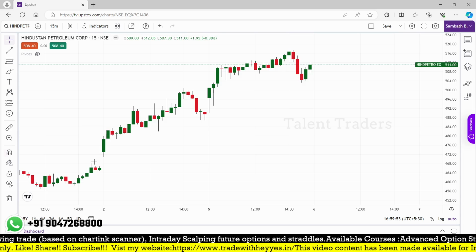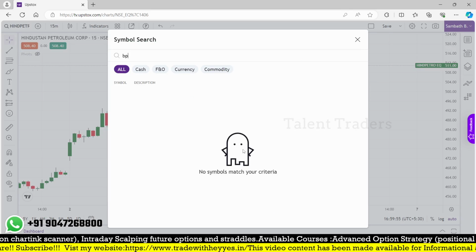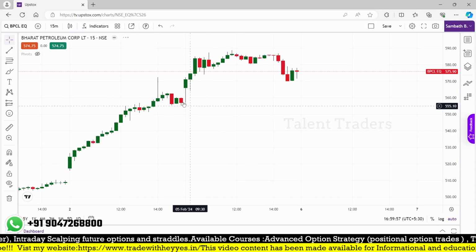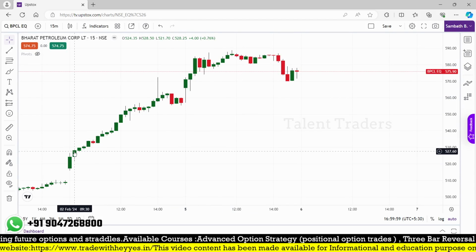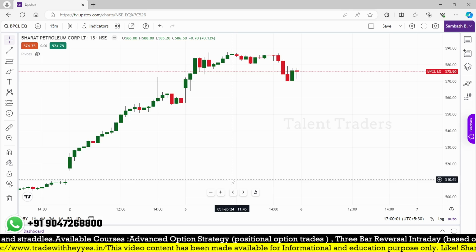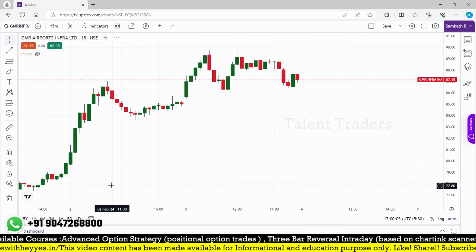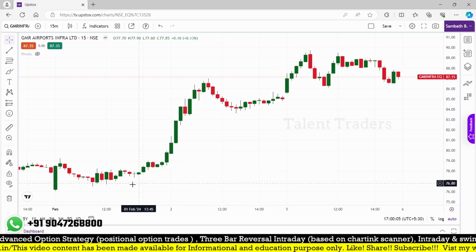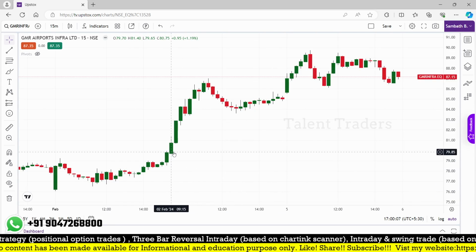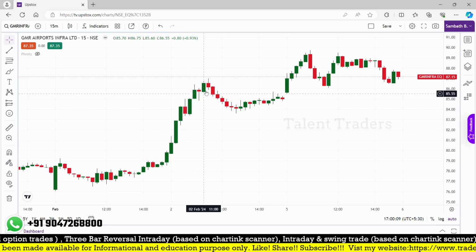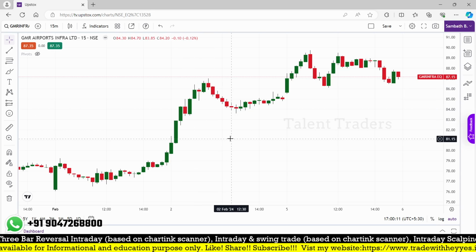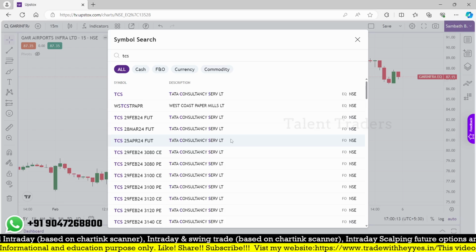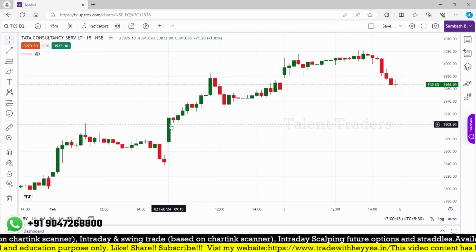A few days back we found BPCL, which was the same, and yesterday GMR Infra, in the last trading session. That breakout gave us a good move. NTPC and TCS also happened yesterday with the same pattern.